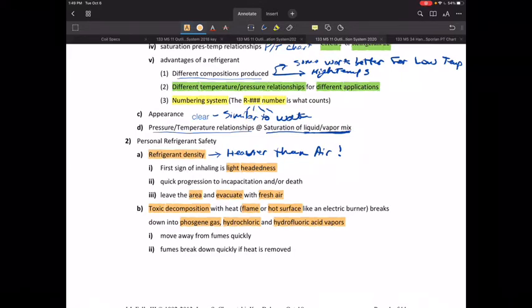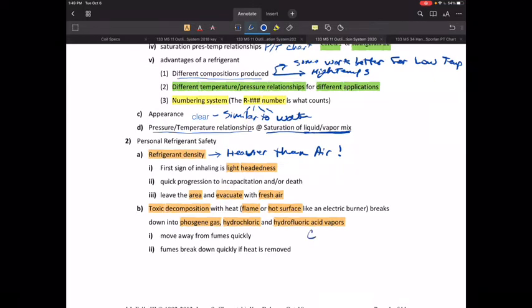Whereas if you burn nitrogen, you don't recognize any change in color, it'll be clear. But if you burn refrigerants, it almost always will turn green. So it's a little bit of an issue that a person has to be aware of. Usually I can tell this by the color change.